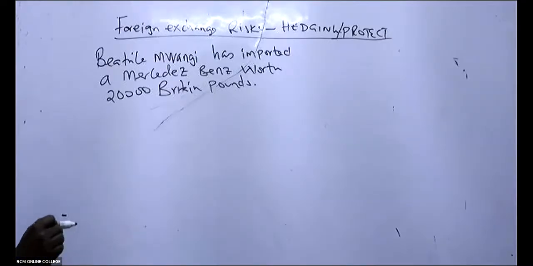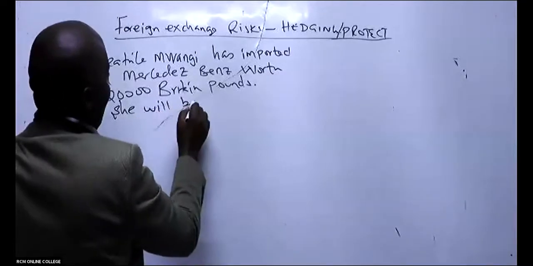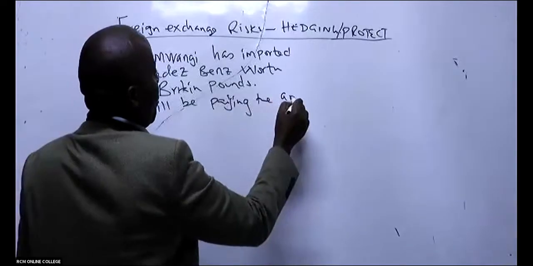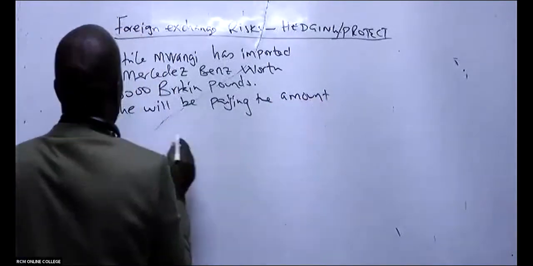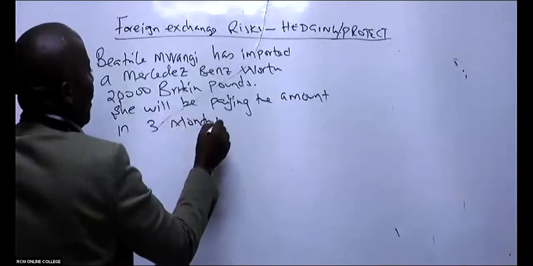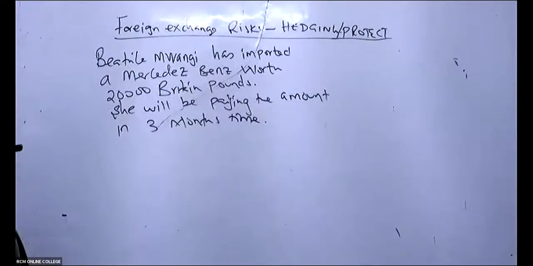She will be paying this amount in 3 months' time. They are still, in this case, in the process of importing, and that seller over there has been gracious enough. That seller has given Beatrice some moratorium, a credit period of 3 months.